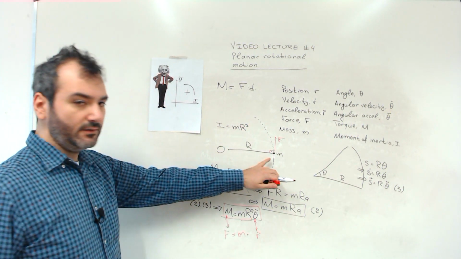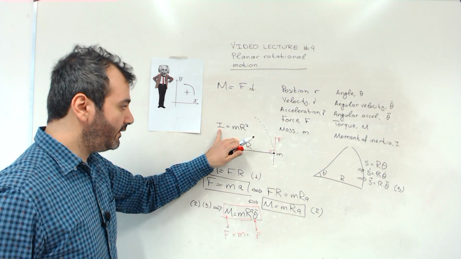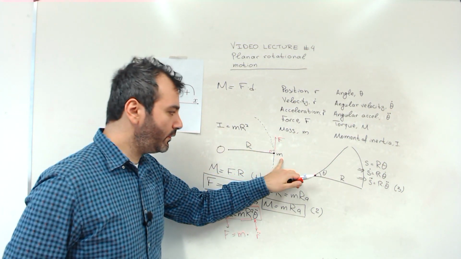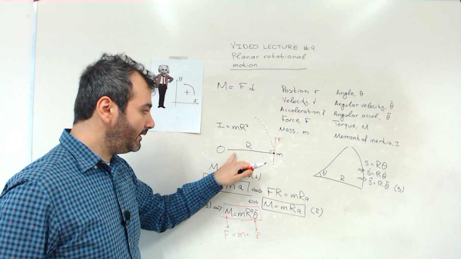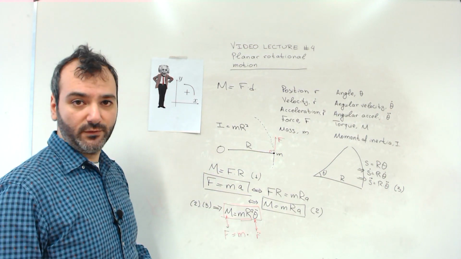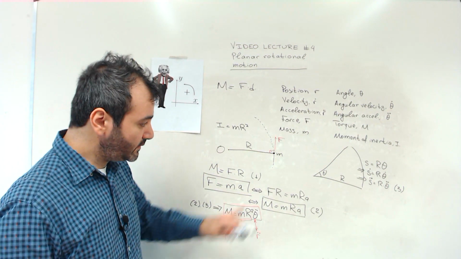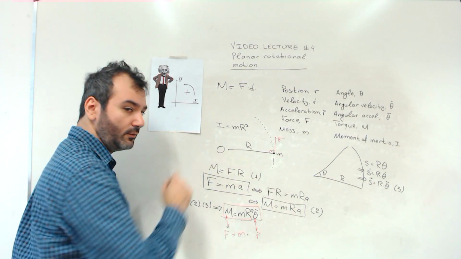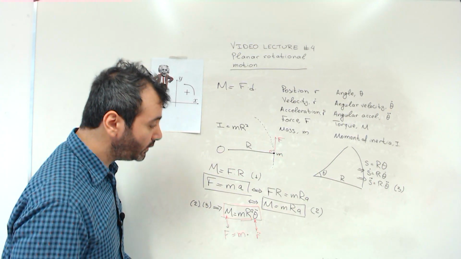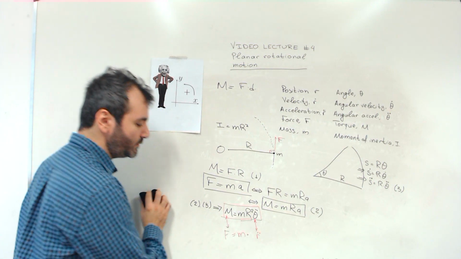And you can see here a very simple observation. The moment of inertia depends both on the mass and the distance from the pivot point. So it depends both on the object and on what point we are rotating that object with respect to.